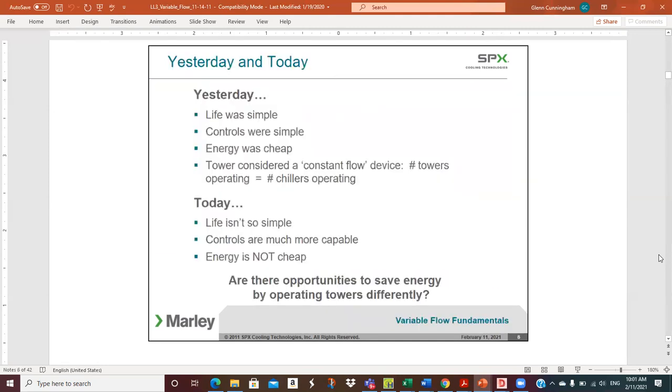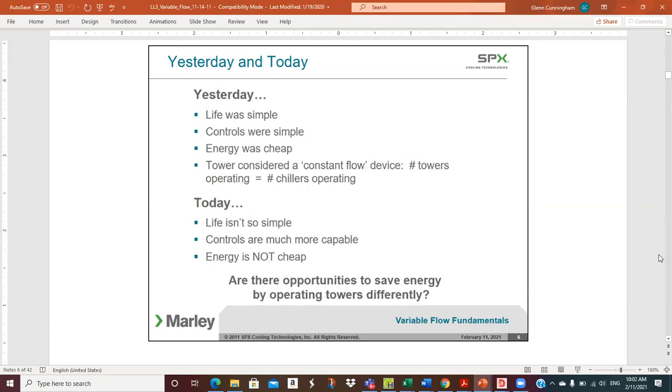Variable flow fundamentals. Okay, so yesterday, the good old days. Life was simple, controls were simple, energy was cheap, and the tower was considered a constant flow device. The number of towers equaled the number of chillers operating. So in the old days, let's say you had 4 chillers.